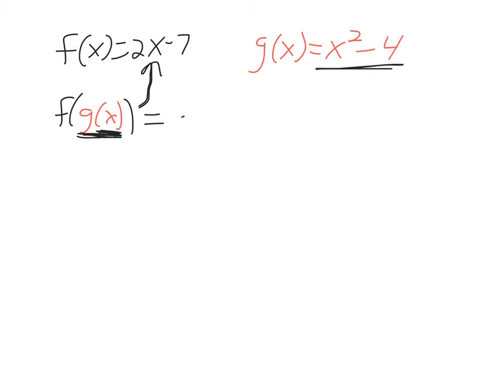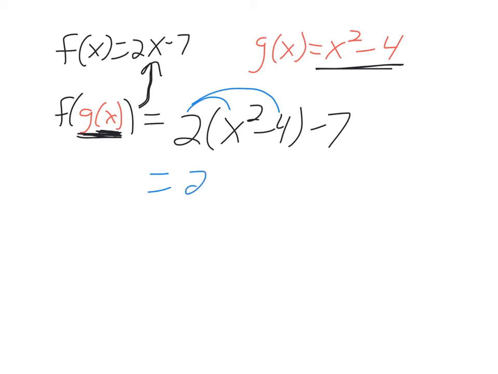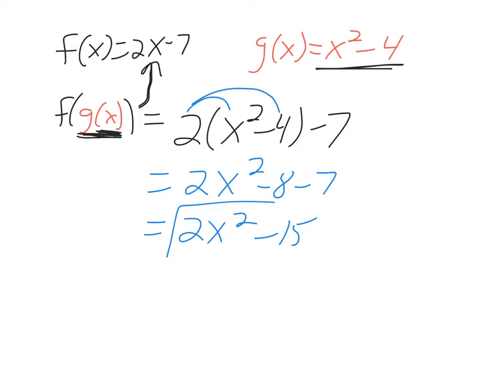So it's going to look like 2 times x squared minus 4, minus 7. Then I'm going to have to distribute. So I have 2x squared minus 8 minus 7, which is 2x squared minus 15. And that's all you do.